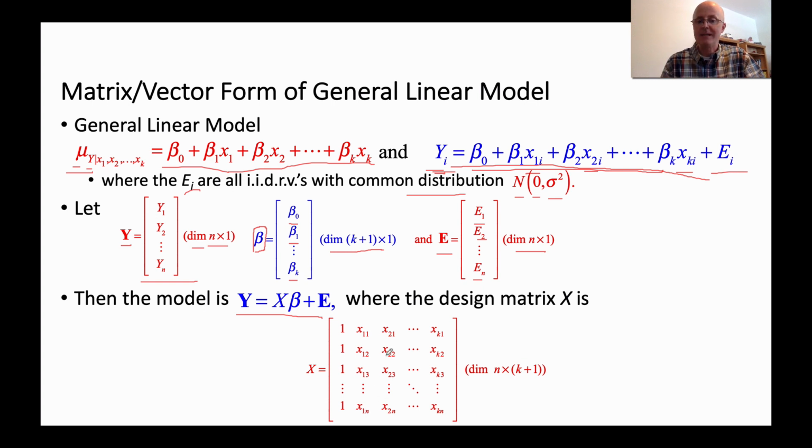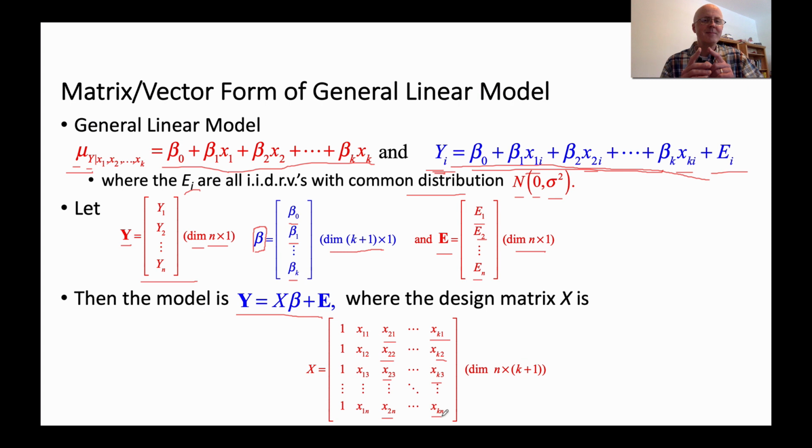The next column is the second coordinates of the n data points, x21, x22, x23, etc. through x2n. You've got k components for the data points. The last column here is the kth entries of the n data points, xk1, xk2, xk3 through xkn.